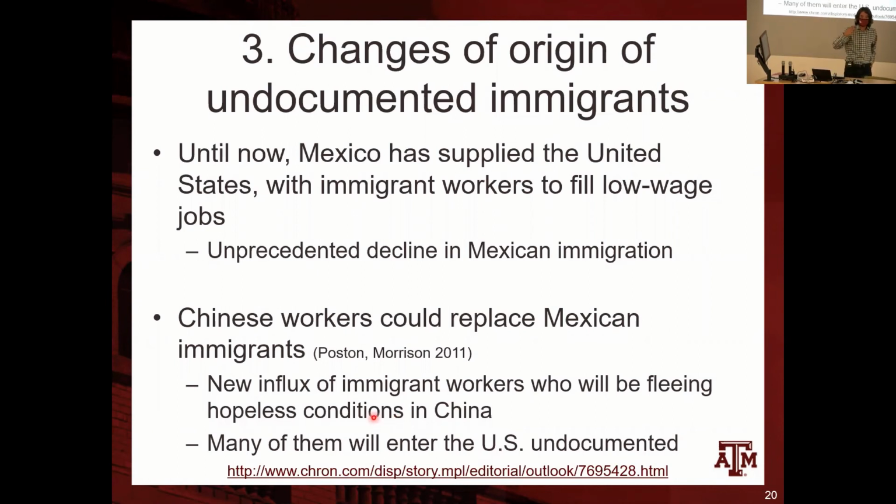But that's a hypothesis that Poston has emphasized a lot, that a lot of these low-skilled workers from China coming to the US, they could replace Mexican immigrants because now we don't have such a big number of Mexican immigrants coming to the US.